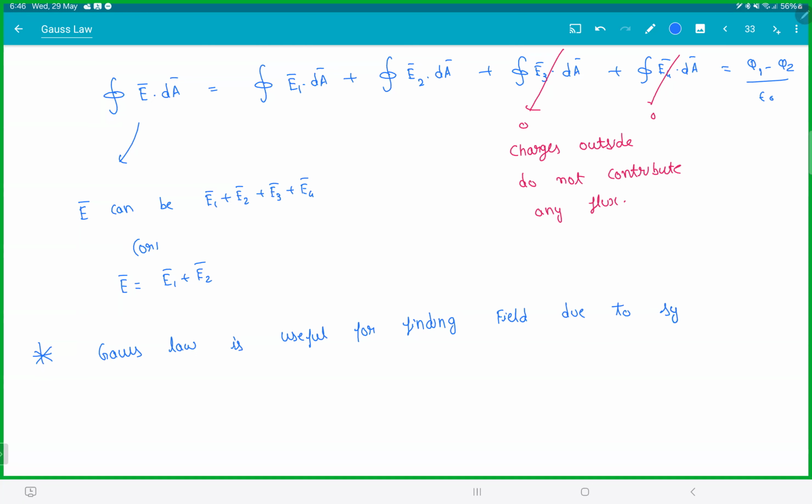Gauss law is valid for any charge distribution, but it is only useful if there is a symmetry. So let's see a shape. All clear with this?